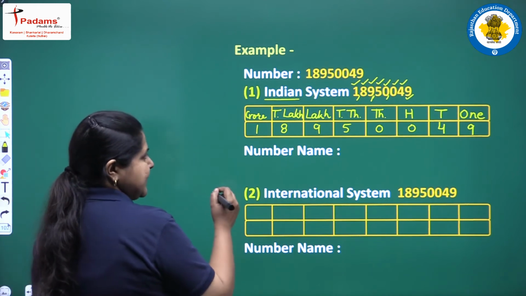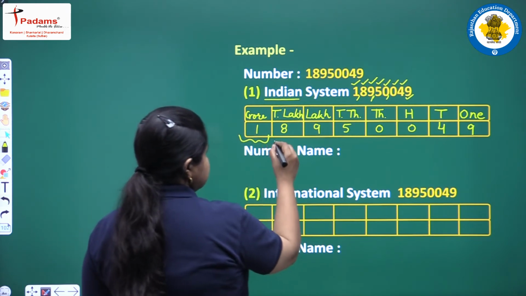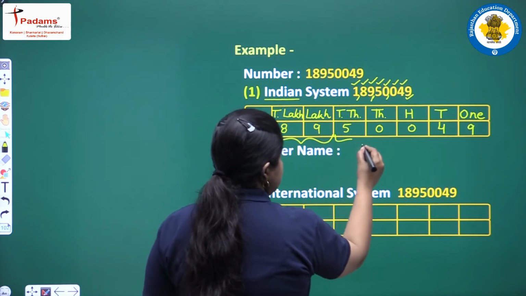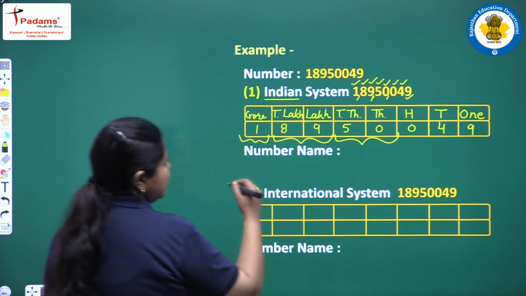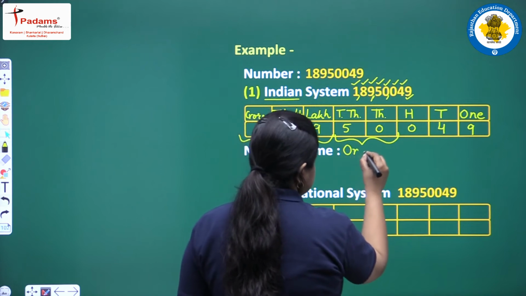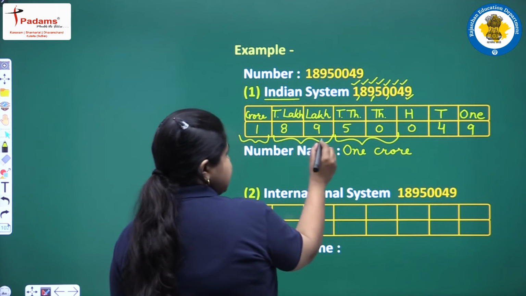Now, we write the number name. Remember, the crores will be taken up together, the lakhs together, and the thousands together. So, we write the number name 1 crore 89 lakh.